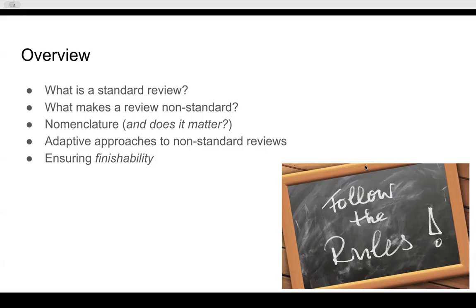And then finish on a concept that I call finishability, which is always a big fear with the systematic reviews that I've been involved with, is trying to finish on time with the resources available. So I'll talk specifically about the practice that we've developed in our reviews to minimize risk and maximize chances of finishing.